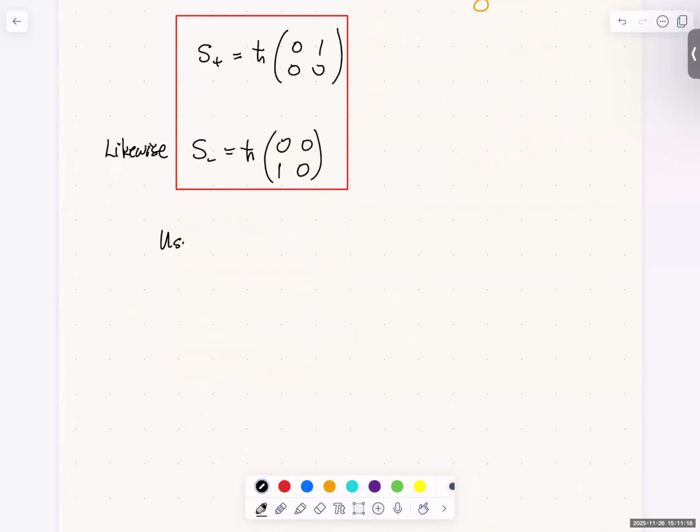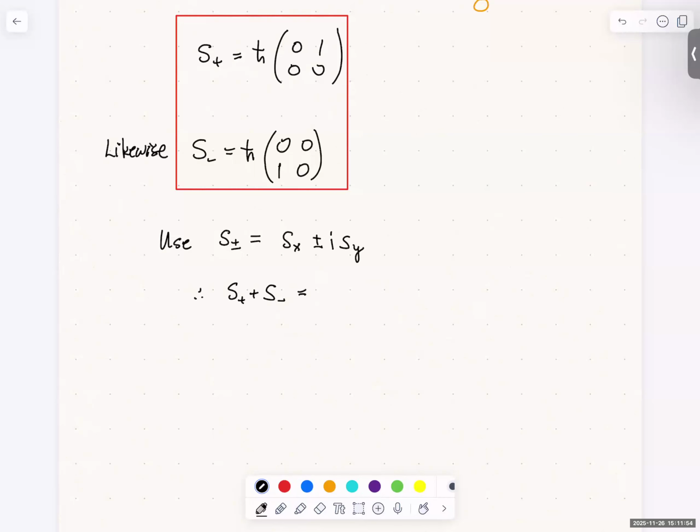Finally, let's use what we know now for our raising and lowering operators, and the fact that S plus or minus is equal to Sx plus or minus i Sy. So what does that mean? That means if I was to take the sum of S plus, the top sign, plus S minus, the bottom sign.